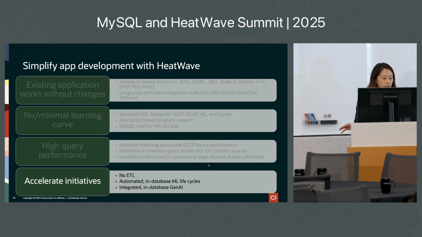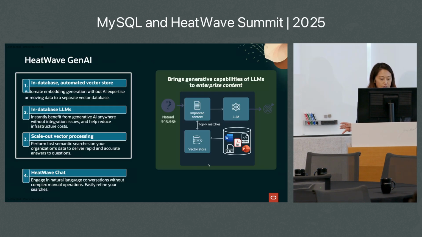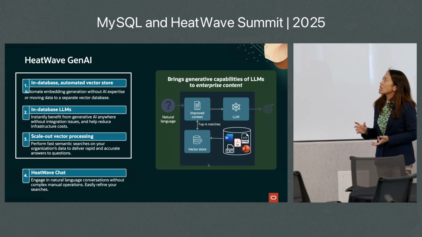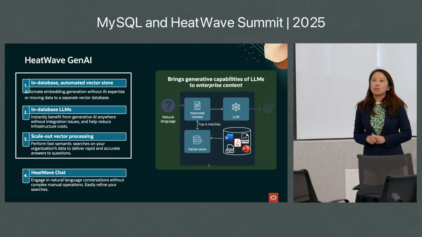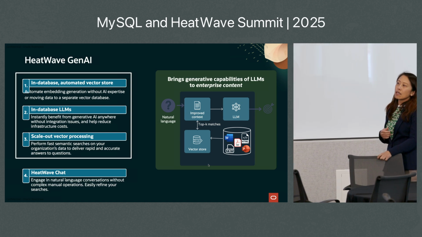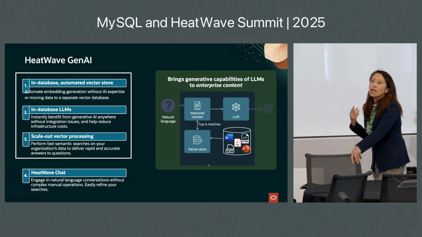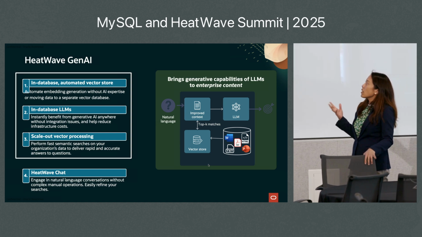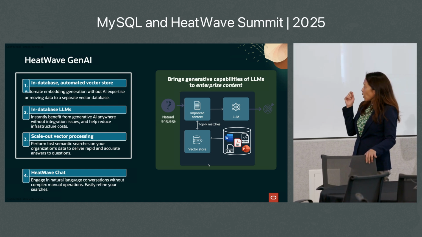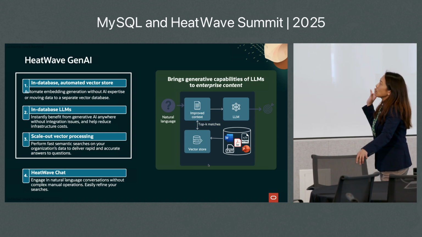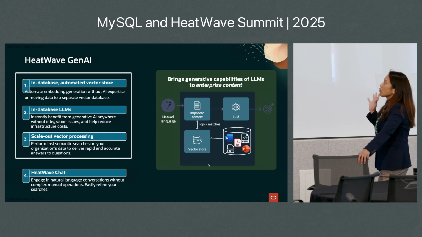And the last one, accelerate initiatives. You have probably seen this multiple times, but this is really getting a lot of interest from our customers. I think all of our customers are looking for one way or the other to incorporate generative AI into their application. And for us to provide this capability within our service, in-database automated vector store makes it very easy for you to create a vector store.